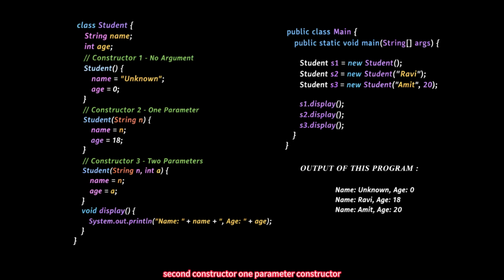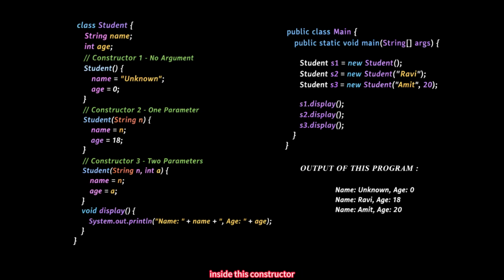Second constructor, one parameter constructor. Student(String n), name is equal to n, age is equal to 18. This constructor takes one parameter, String n. Here, n is a parameter variable. name is the class variable.